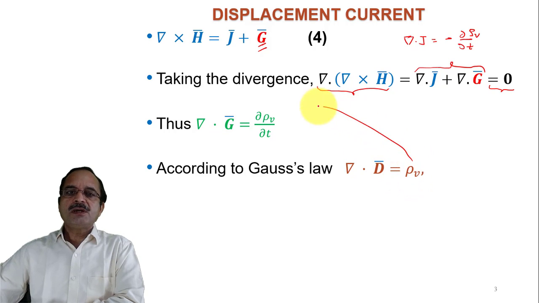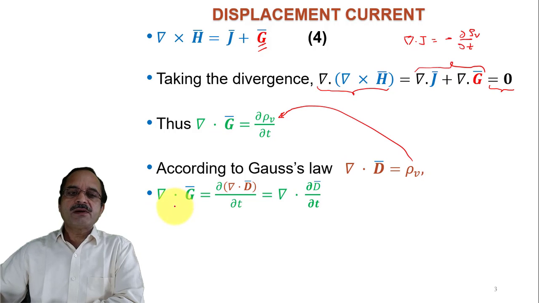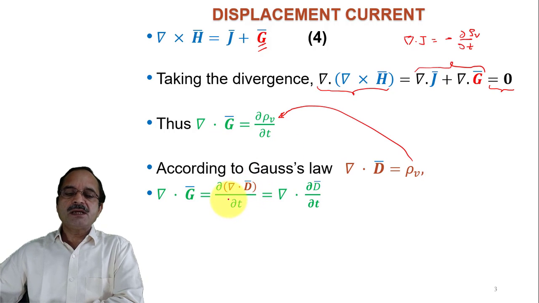So let us substitute this rho v here. This gives us divergence of G equal to d/dt of divergence of D. Interchanging the differentiation and divergence operator, we can write it as divergence of dD by dt.